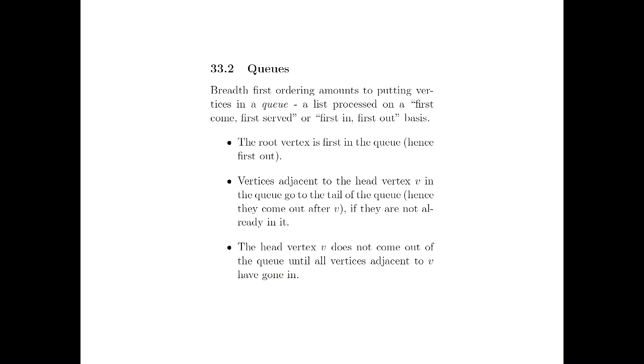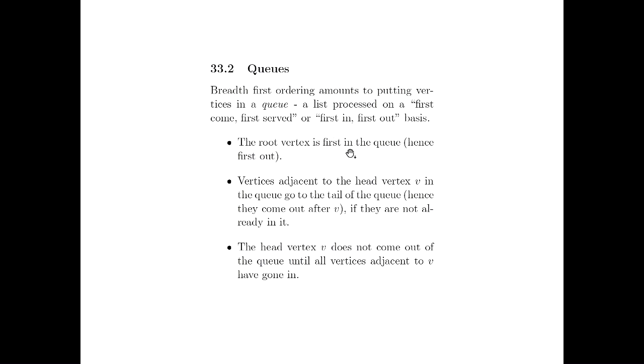Okay, so this is what we said about queues, right? So remember, the first thing that goes in is the first thing to come out, and this is going to be how we process the vertices when we do a breadth first search, right?